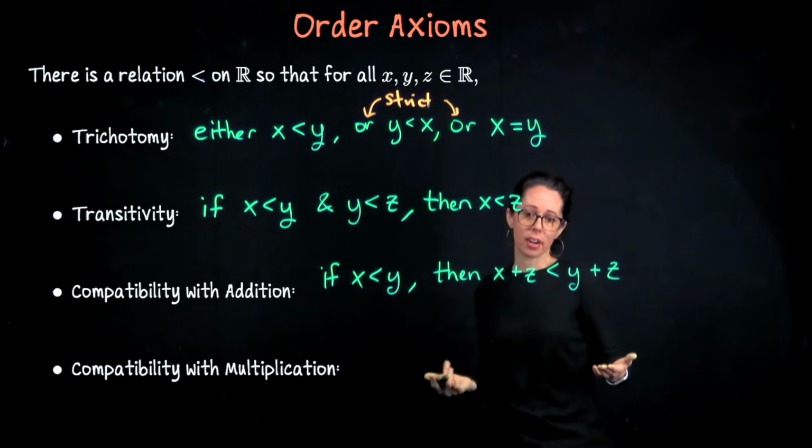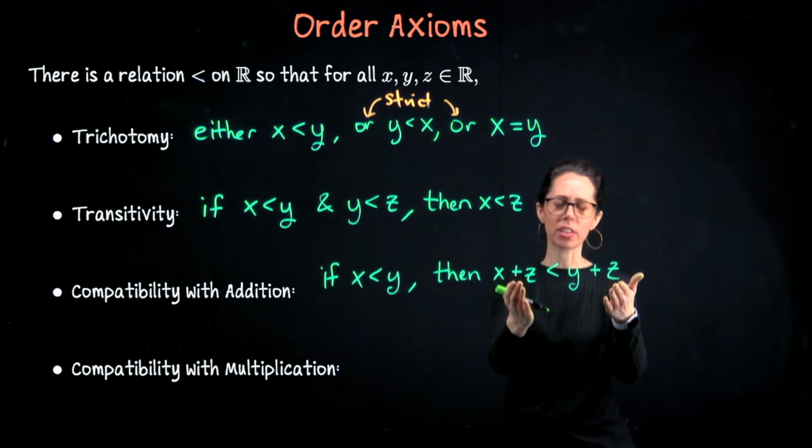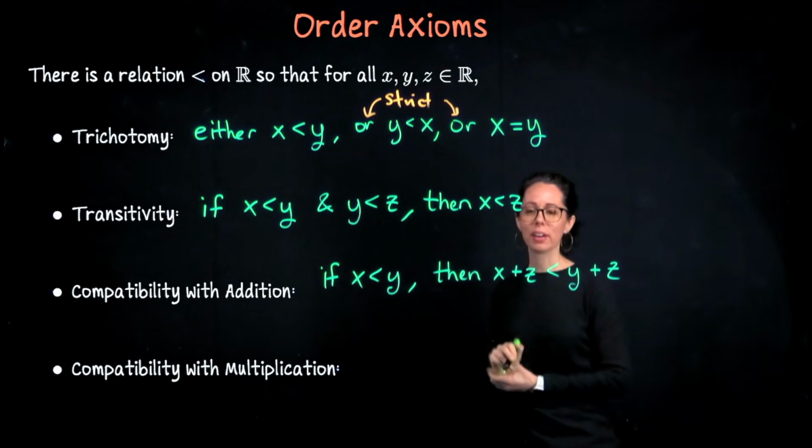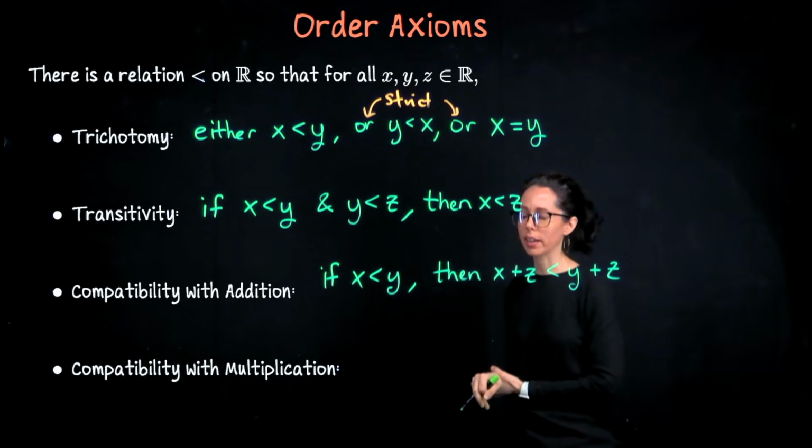Here it doesn't matter what kind of number z is. When we say compatibility with multiplication, we have to be aware whether or not z is positive or negative.